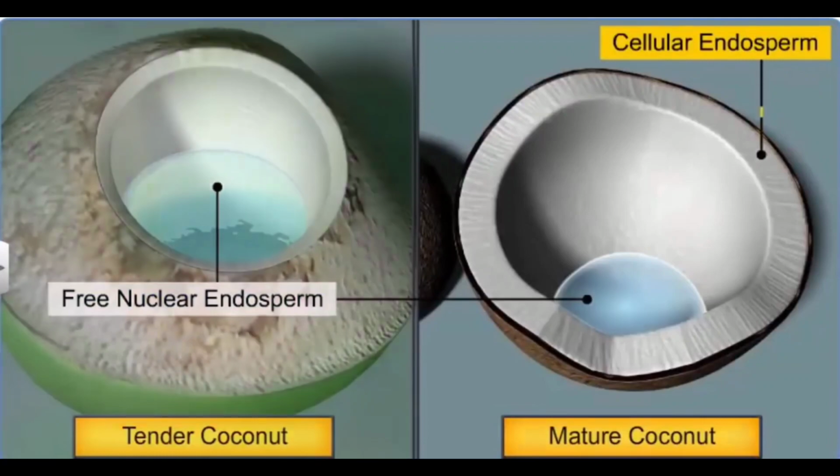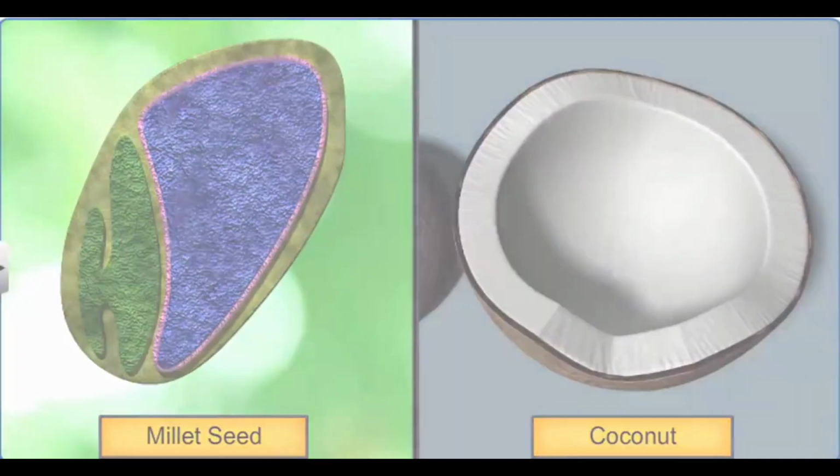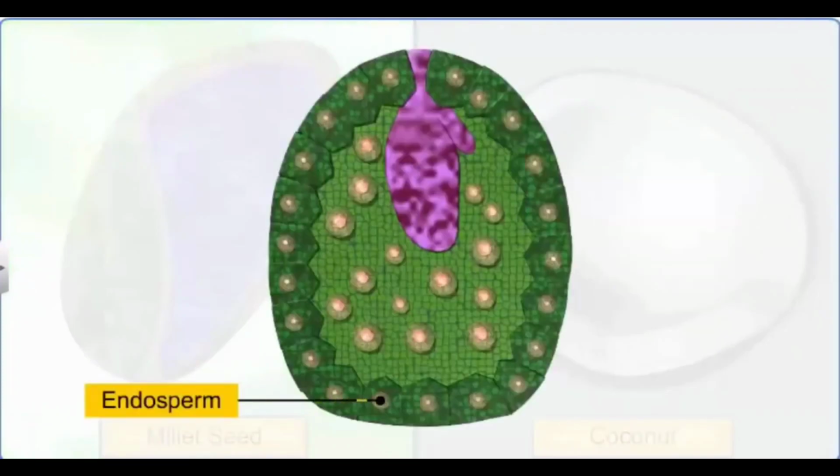Histological studies have shown that endosperm contains stored food in the form of starch or proteins, as in cereals, or oil, as in castor or coconut. This food provides nourishment to the zygote while it is developing into an embryo.